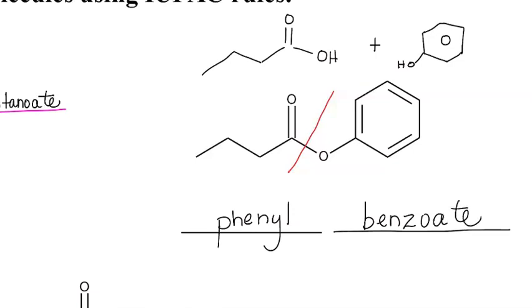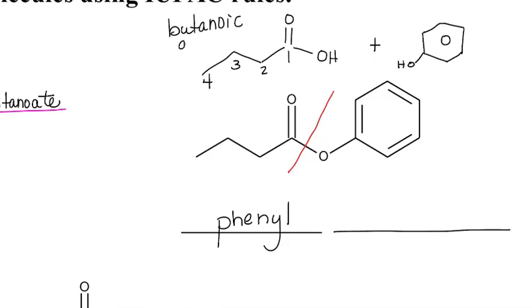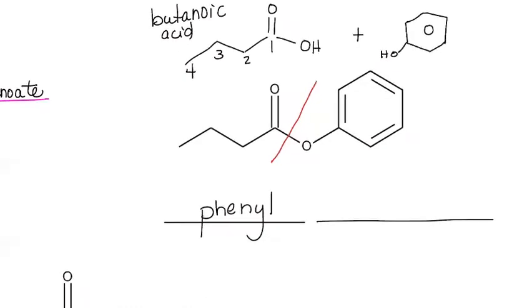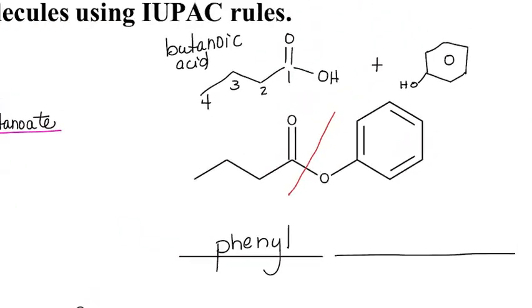So this is not benzoate, sorry. This is butanoic acid. Benzoate will be if it's benzene on that corner. This is 1, 2, 3, 4. So the carboxylic acid is butanoic acid. I think benzoate is the next example. Yeah, benzoate is the next example.